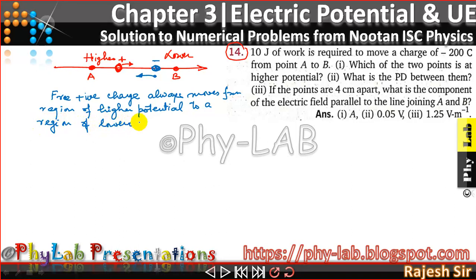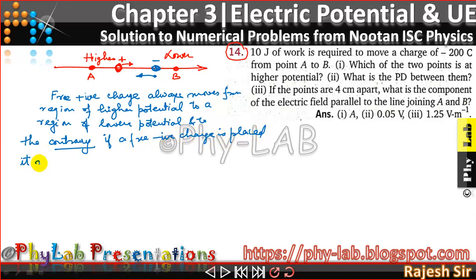And to the contrary, if a free negative charge is placed, it moves from a region of lower potential to a region of higher potential.